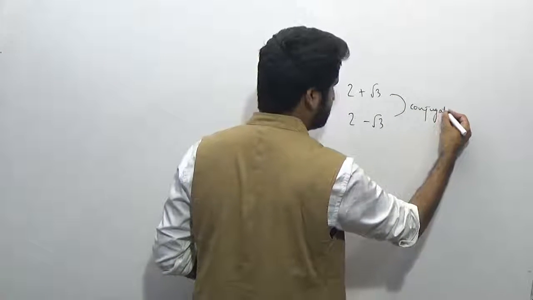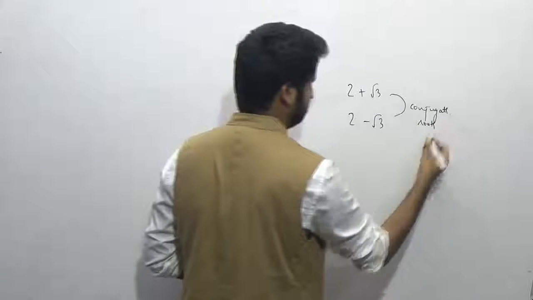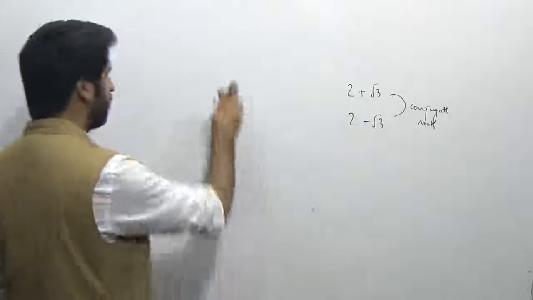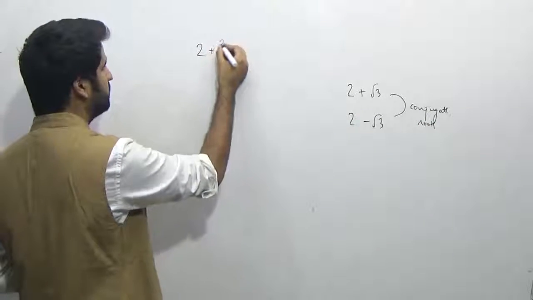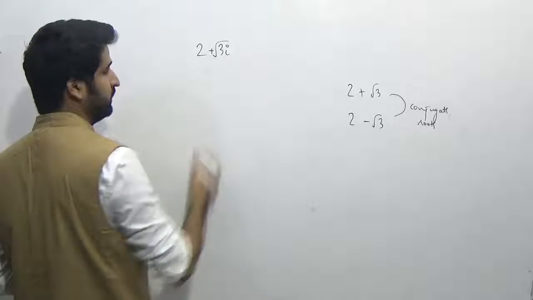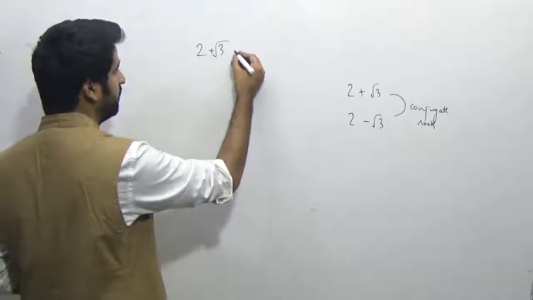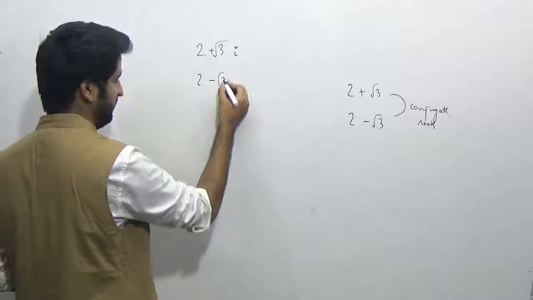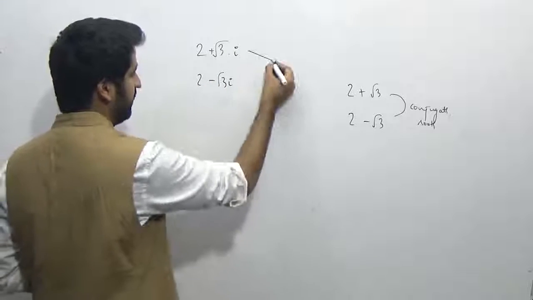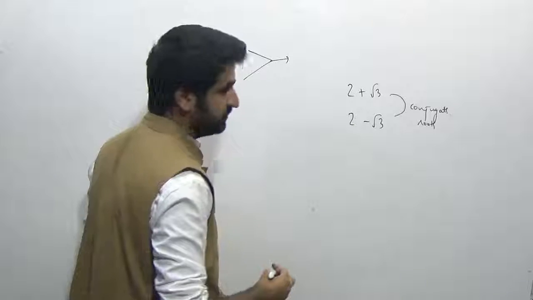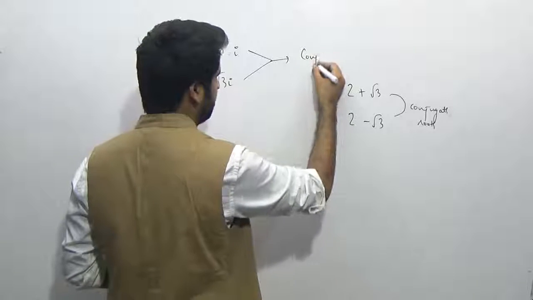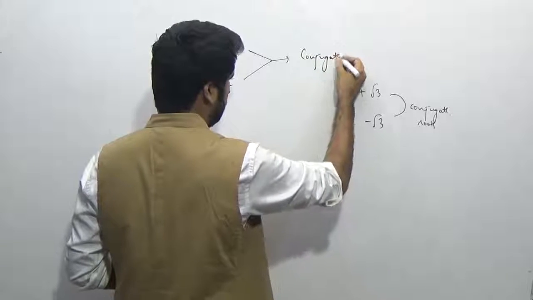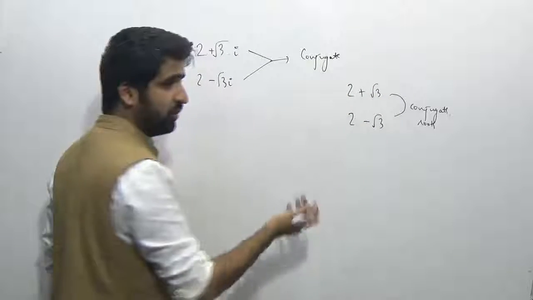Similarly, in the case of complex numbers, if one of the complex roots is 2 plus root 3 iota, the other root must be 2 minus root 3 iota. These two are conjugate to each other. So what is the definition of the conjugate of a complex number?